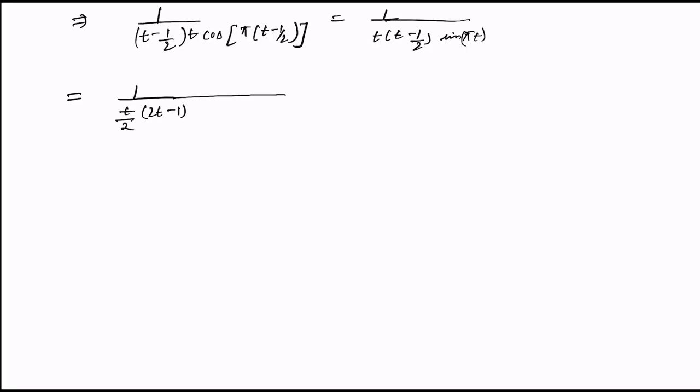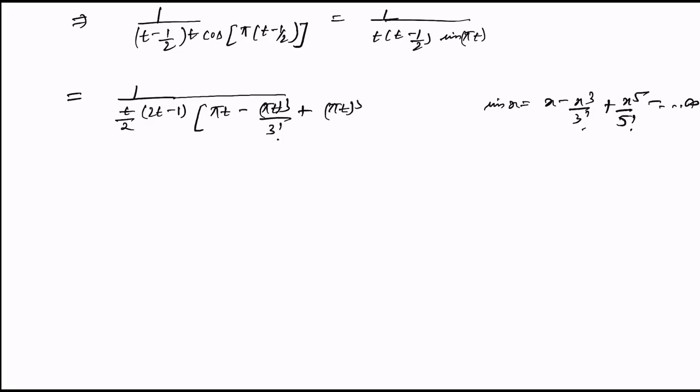and sine, we know that sine x can be written as x minus x cubed by 3 factorial plus x to the 5 by 5 factorial minus and so forth up to infinity. So we will do a similar thing, and we can write sine of pi t as pi t minus pi t whole cube divided by 3 factorial plus pi t whole to the 5 by 5 factorial minus up to infinity.